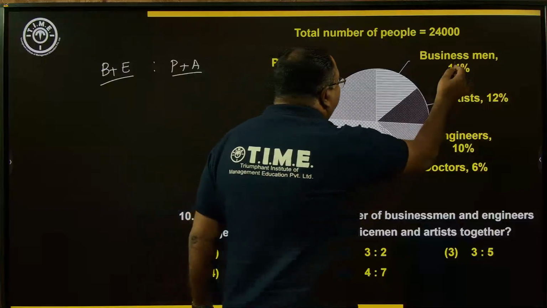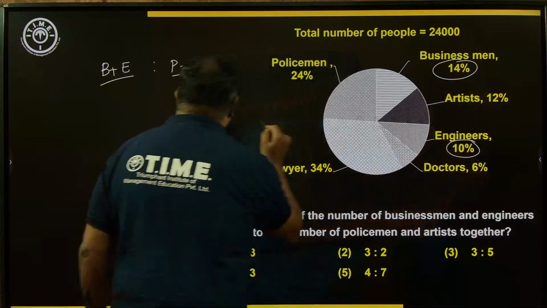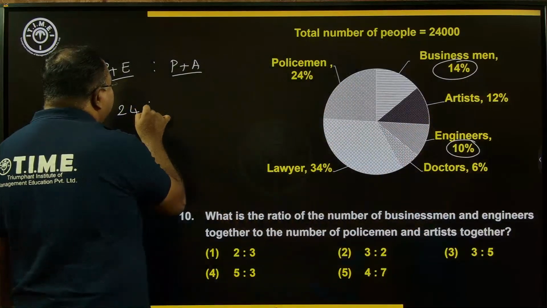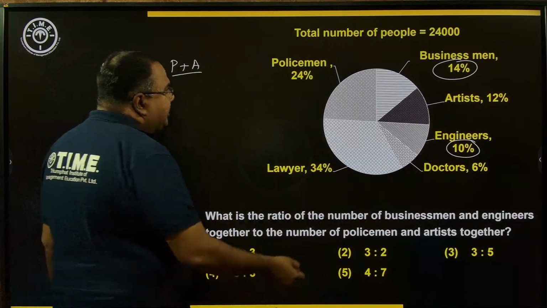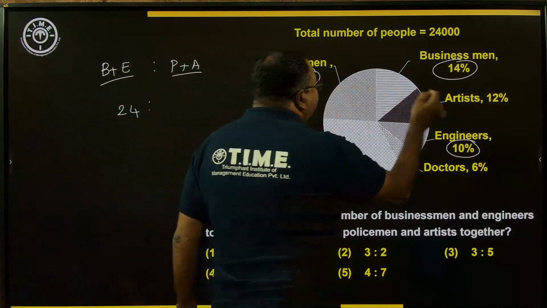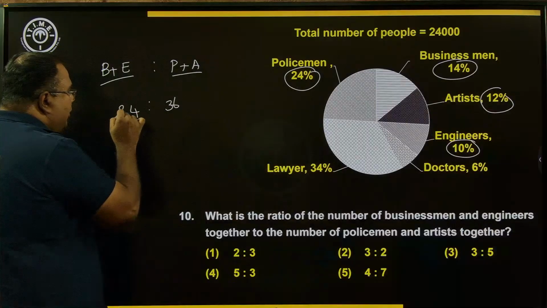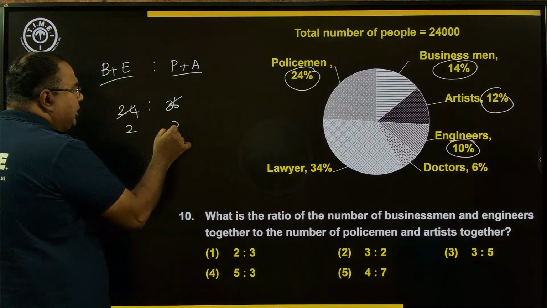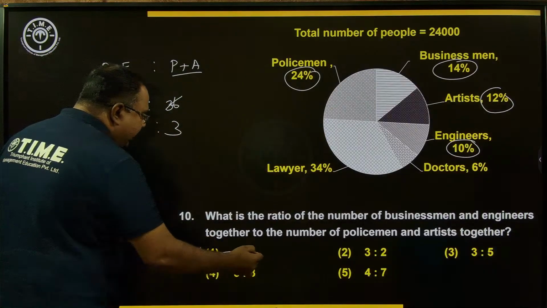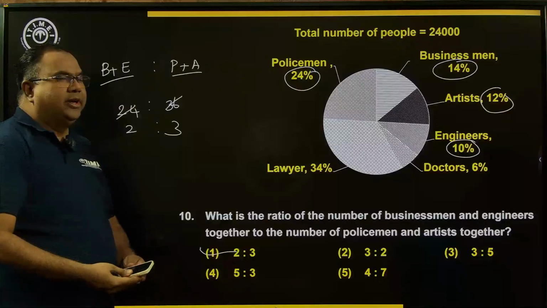Businessmen and engineers 14%, 10%, so 24%. Artists is 12, policeman is 24, so 36. 12 twos, 12 threes. So ratio has to be 2:3. It is present in choice 1.